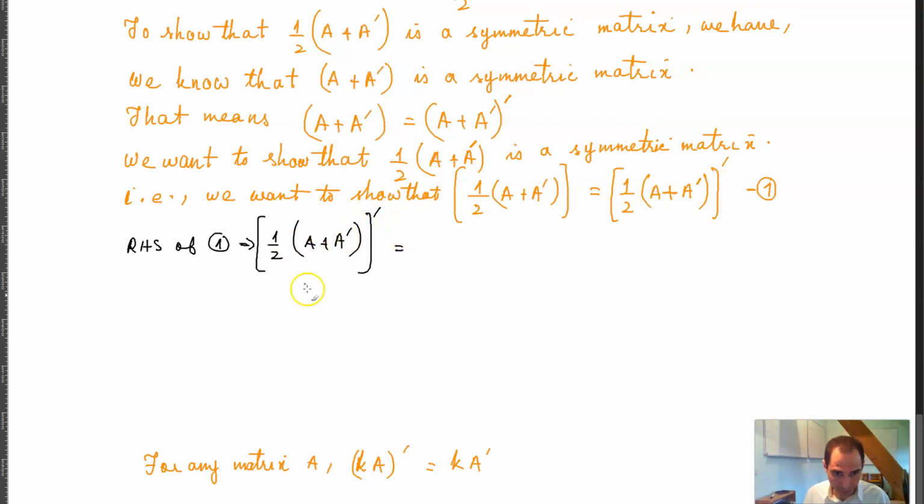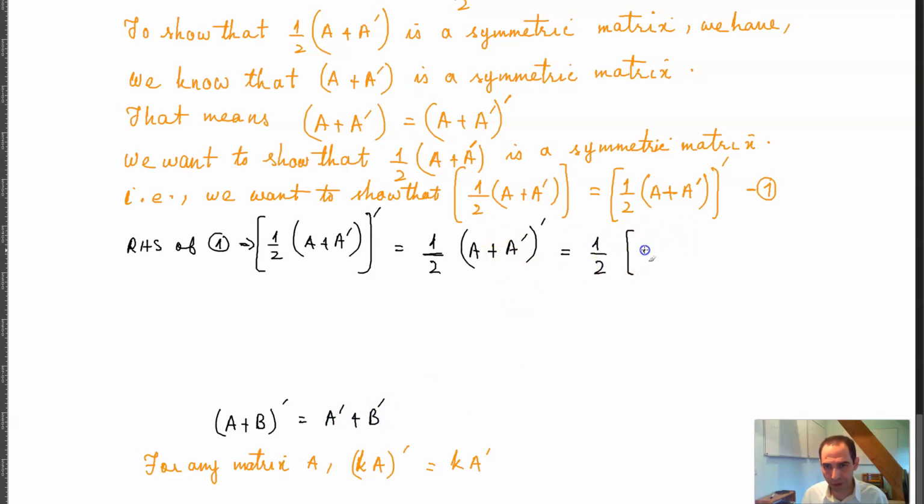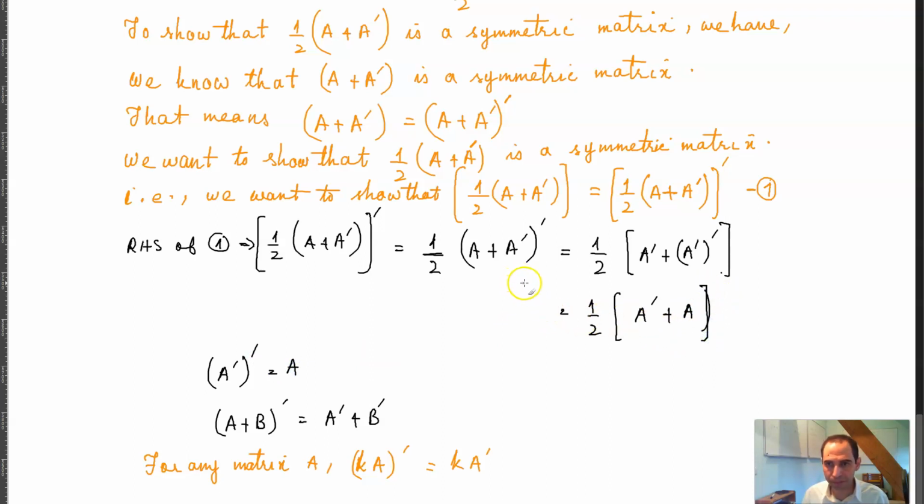Based on this, I can take the 1/2 out. I can write it as 1/2 of A plus A transpose whole transpose, and we know that A plus B whole transpose is equal to A transpose plus B transpose, which means that would be 1/2 of A transpose plus A transpose whole transpose, and we know that A transpose whole transpose is equal to A, so that's equal to the LHS that we have here, right?